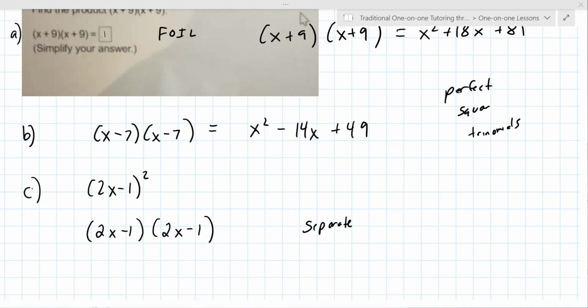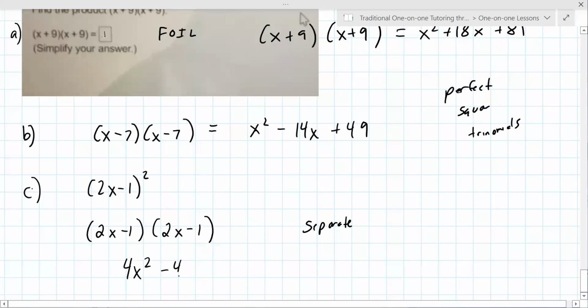I got 4x squared minus 4x plus 1. Yes, perfect.